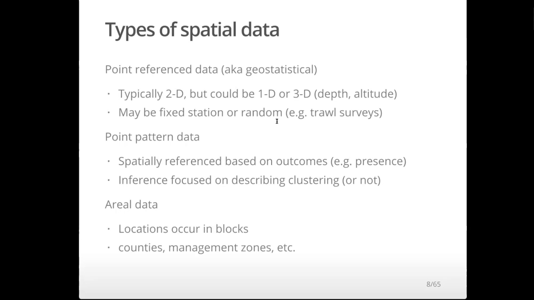The third type of data in spatial statistics is known as areal data, and these are described as anytime you have data or locations that might not be referenced by latitude and longitude but occurring in blocks. These could be any kind of data according to counties or precincts, that sort of thing.